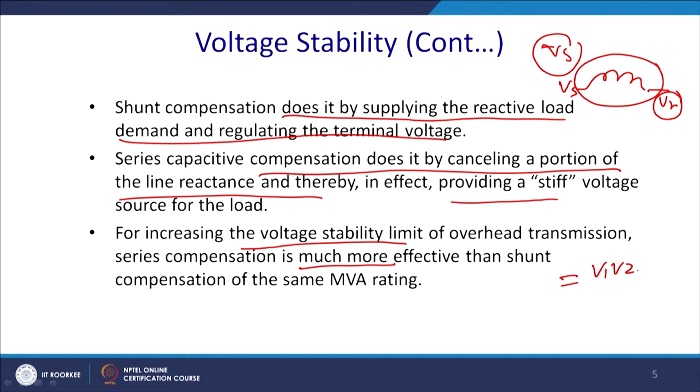We have seen the plot for the series and the shunt both. Shunt compensation is basically controlling the power by the VR. For this reason, we are dealing with the denominator, V1 V2 by X. So, reducing the X by 50%, you straight away jump the power handling capability by 50%.